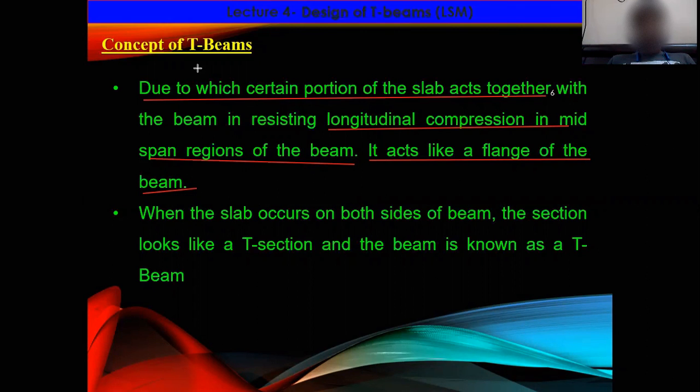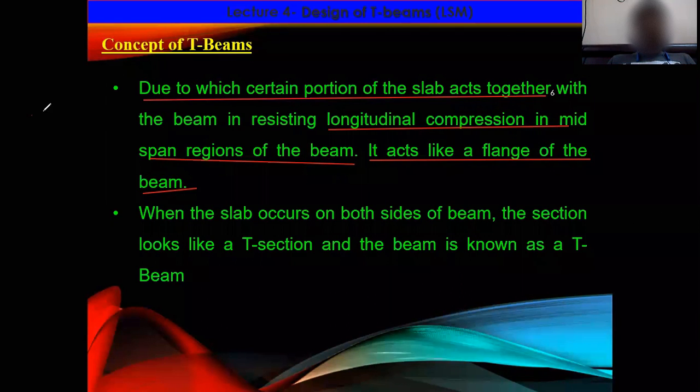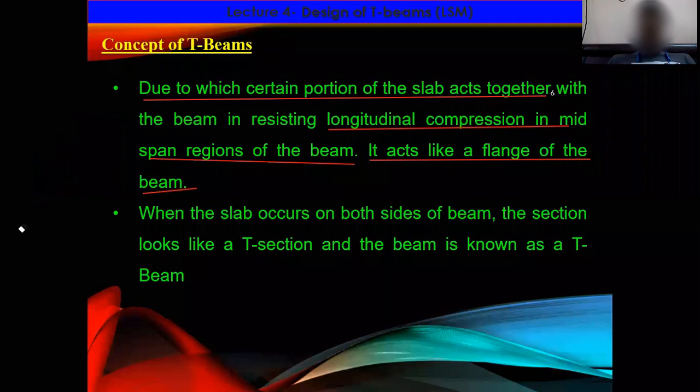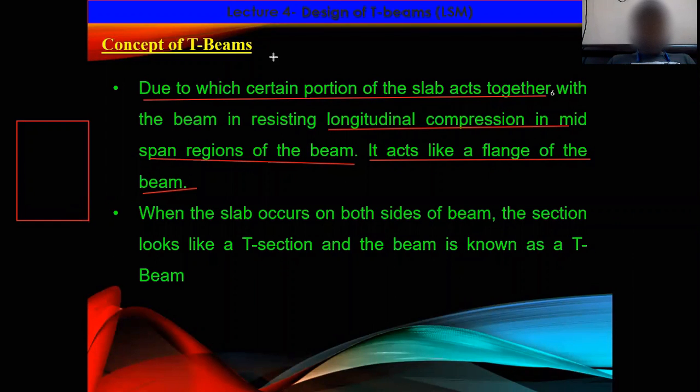Suppose this is a slab, and you provide some beams in between, because for a long span you need to provide some beams. So it is a middle one, right?